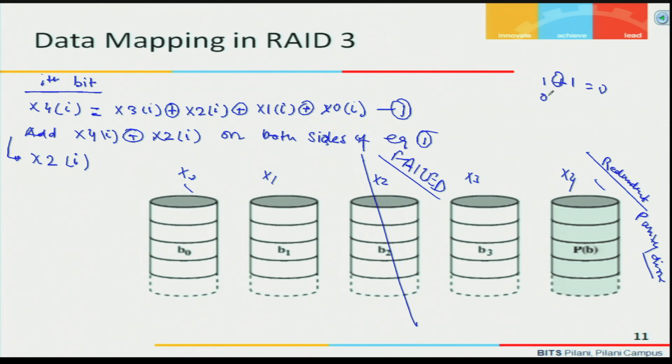If that is 0, then 0 XOR 0 is also 0. So, that is why it nullifies. So X2 i will be left on the left side, and on the right side, what am I adding? I am adding X4 i plus X2 i, where plus means the XOR operation only.